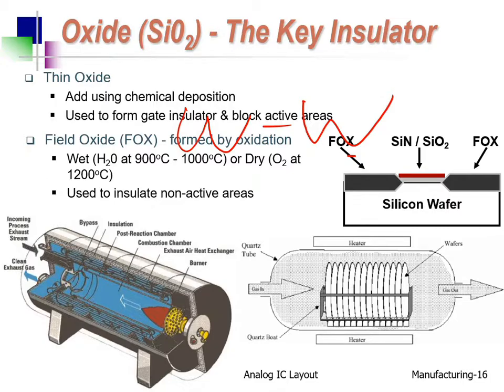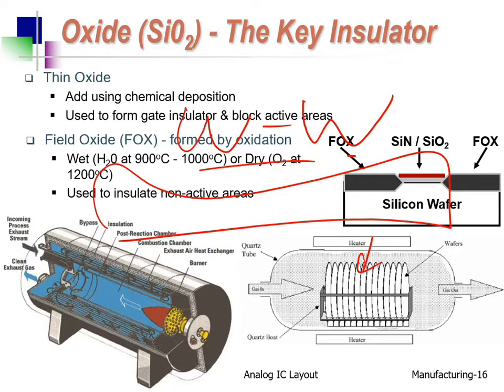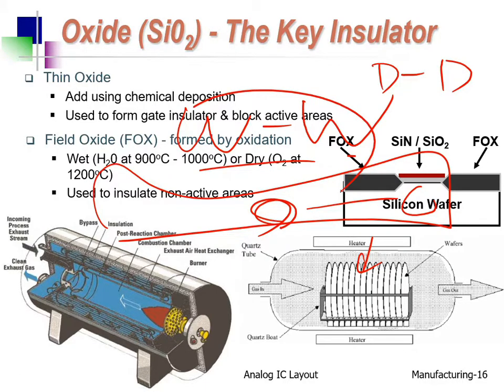Even on the same wafer, I told you, it looks like that. On the same wafer, we have what? Die to die mismatch. At the same time, we have device to device. Okay? So, wafer to wafer mismatch is larger than die to die, which is larger than device to device.